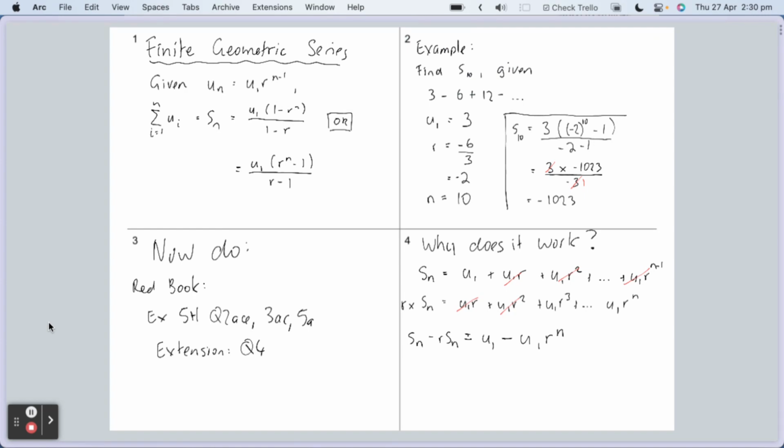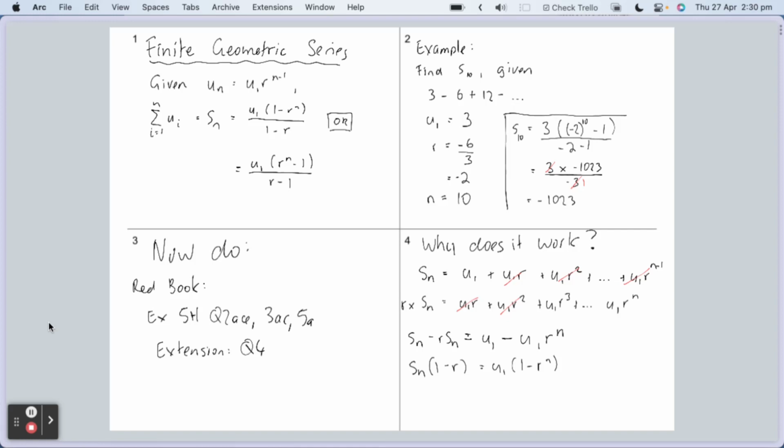So we're left with Sn minus RSn equals U1 minus U1R to the n. Okay, so we're left with that nice, simple formula. If I take a common factor of Sn out on the left, I'm left with Sn outside of 1 minus R. And if I take a common factor of U1 on the right, I'll be left with 1 minus R to the n inside the brackets.